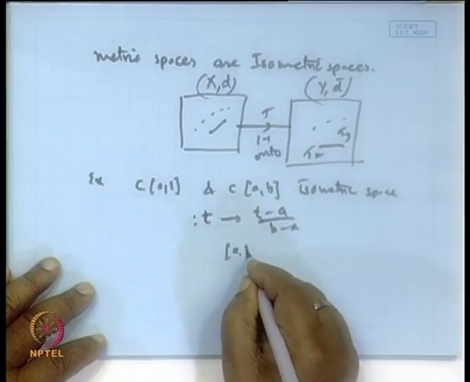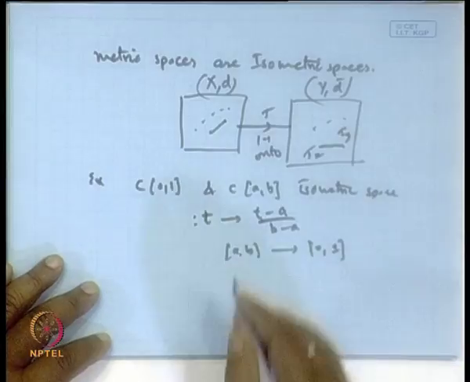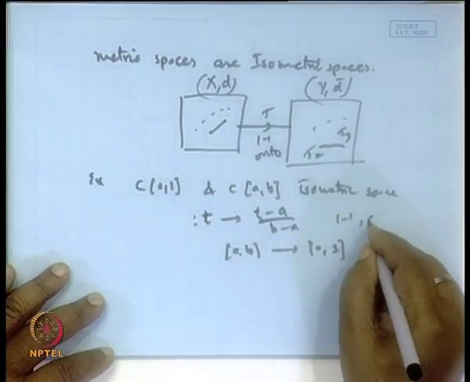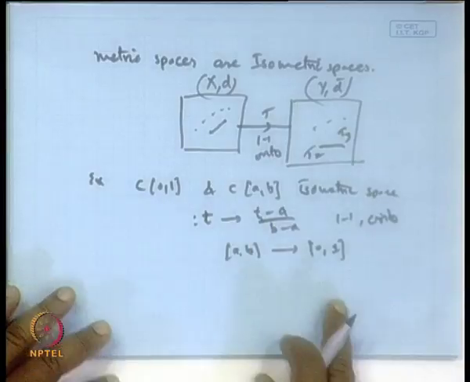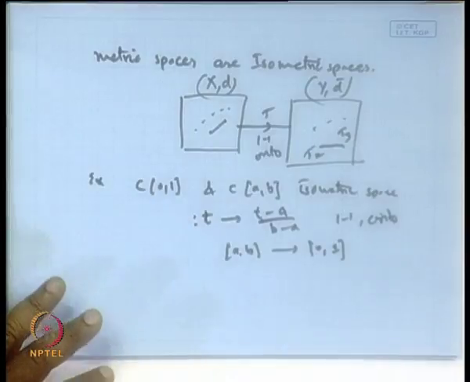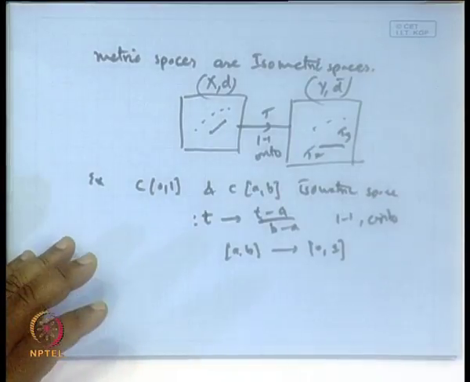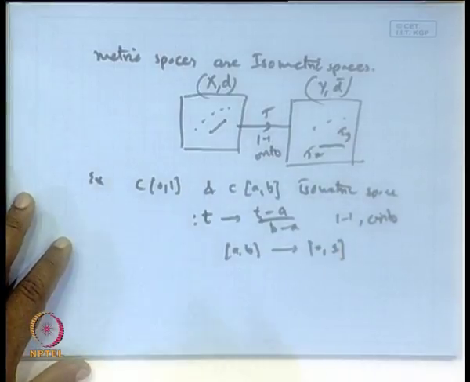So, the interval [a,b] is transferred to the interval [0,1], and this mapping is one-one and onto. And if we define the distance as the maximum distance, then you will see both have the same distances. So, these two spaces are isometric spaces.